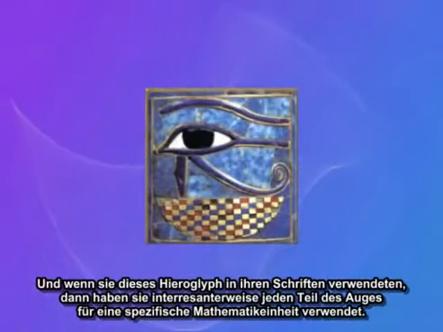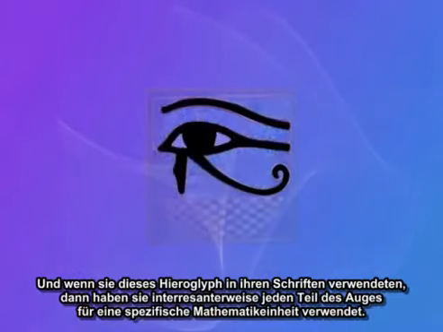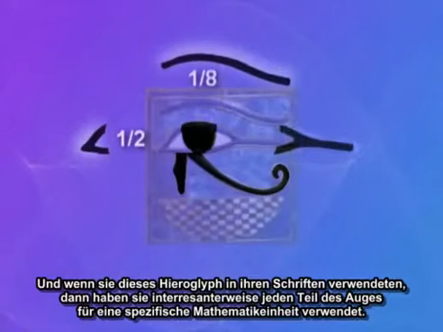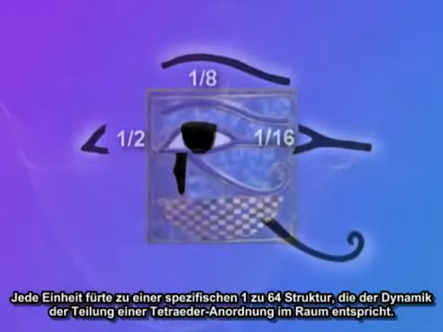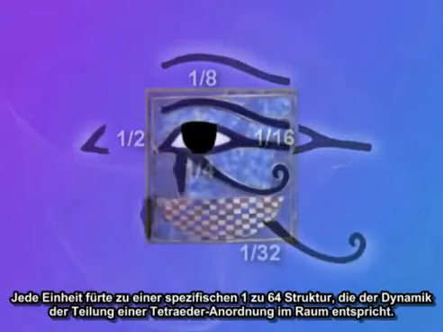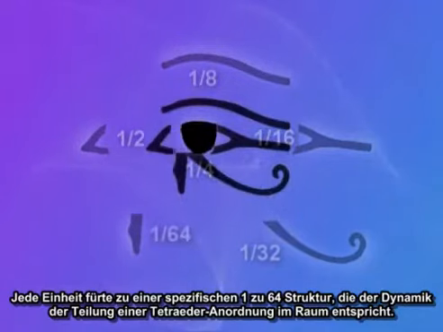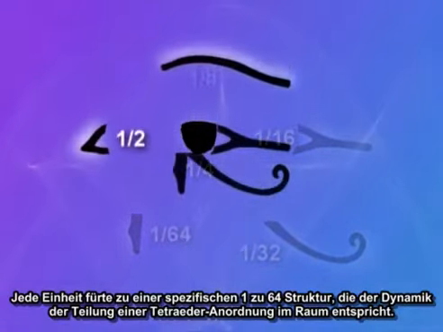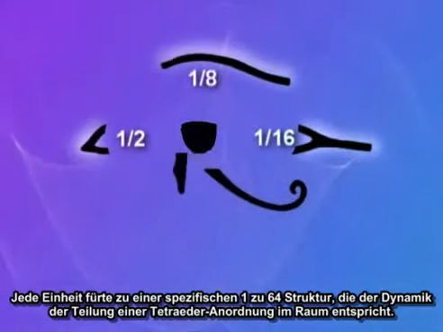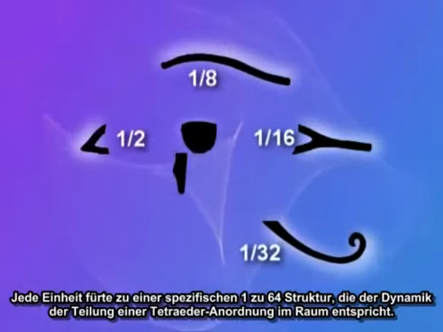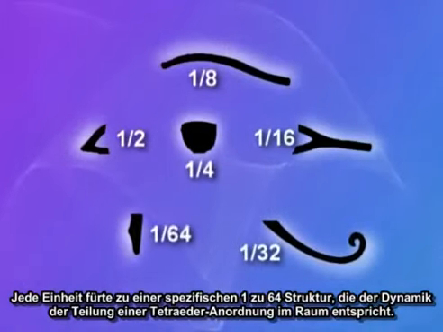And when they used this hieroglyph in their writing, it's interesting to note that they used each part of the eye for a specific fraction of mathematics, and that each fraction went on towards the 1/64th fraction, which is the dynamics of the division of the tetrahedron array in space.